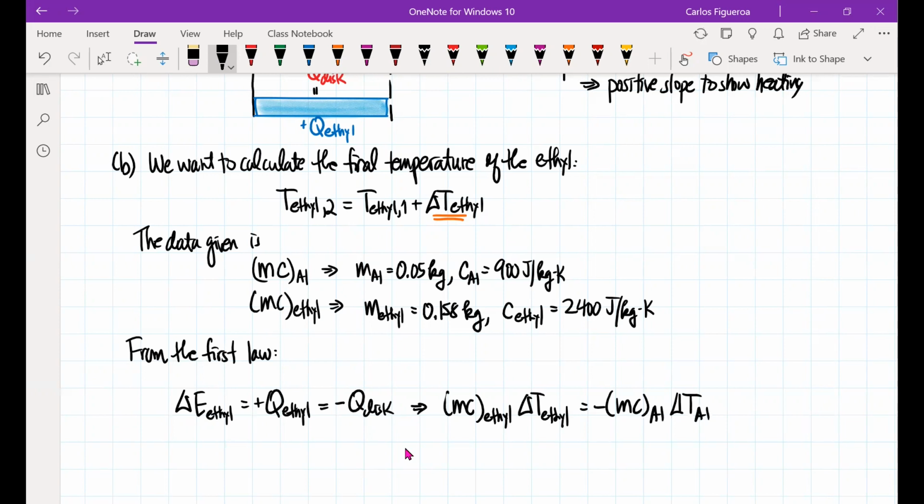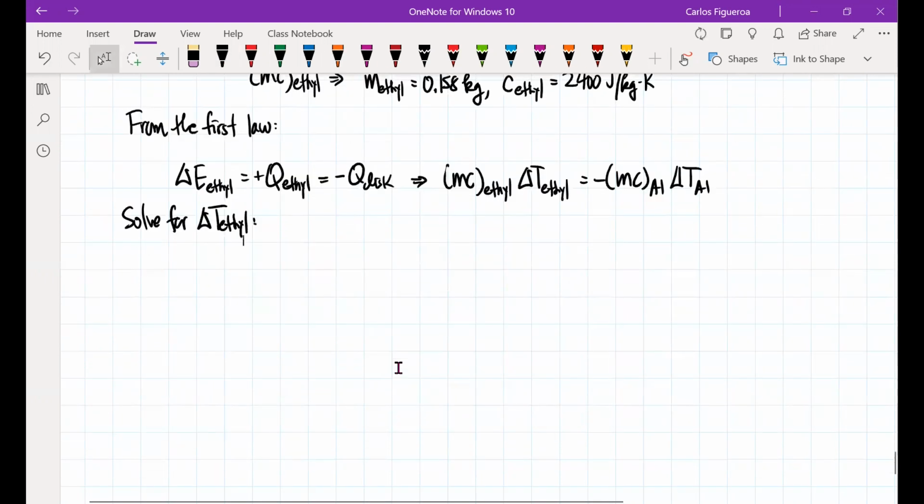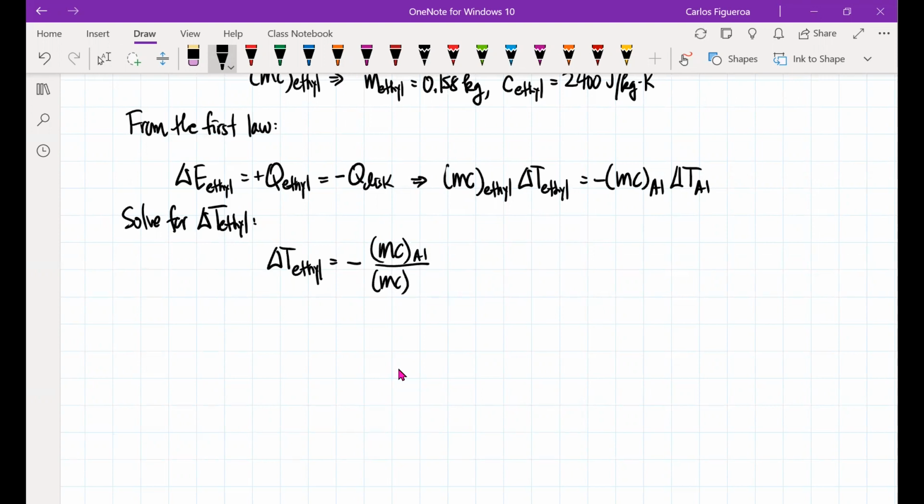So now I'm going to solve for the change in temperature for the ethyl. If I do that, here's what I get. The change in temperature for the ethyl is going to be minus the ratio of the aluminum divided by the ratio of the ethyl alcohol, times the change in temperature for the disk. Now I'm just going to plug in my numbers.